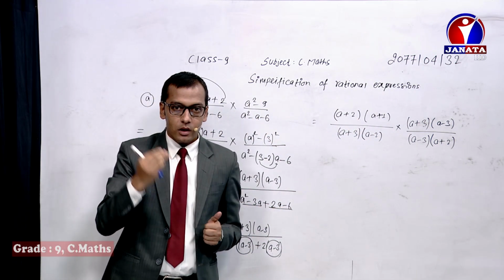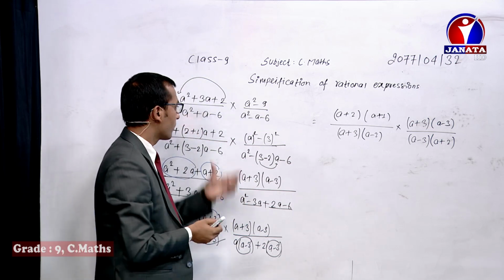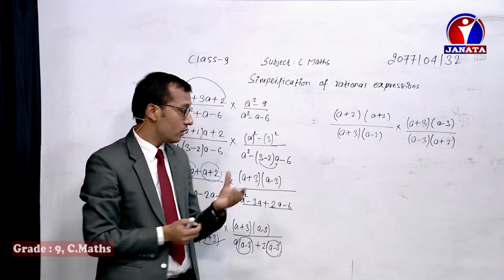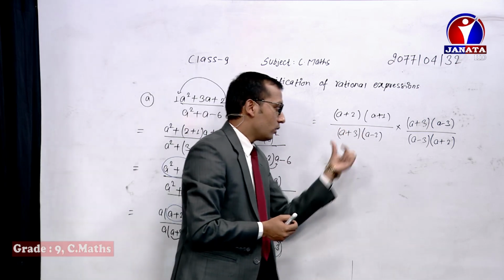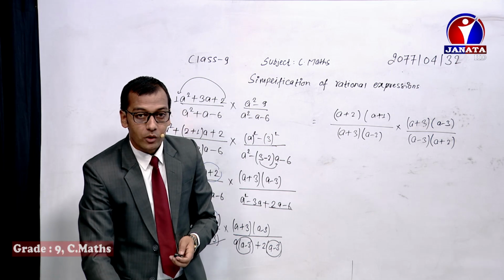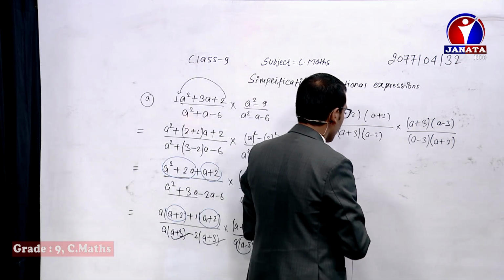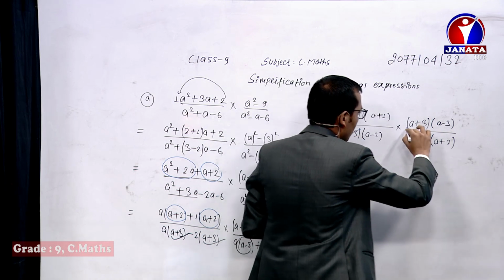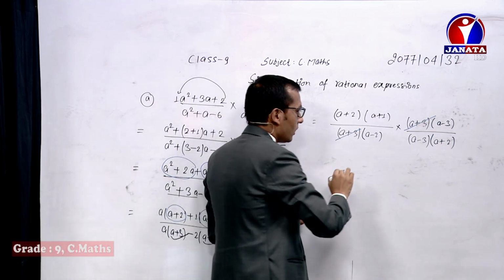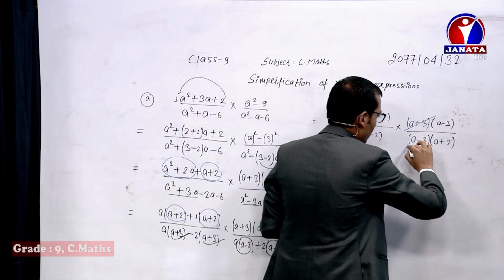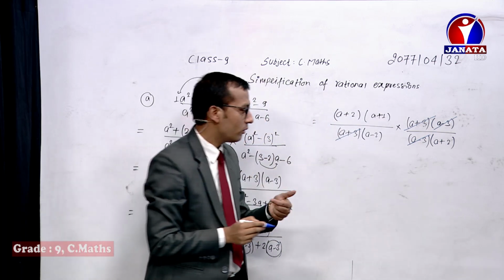So in the first step of simplification, we factorize the numerator and then the denominator, and now in the second step we can cancel the common factors. a plus 3 is one of the common factors. Again a minus 3 is a common factor.